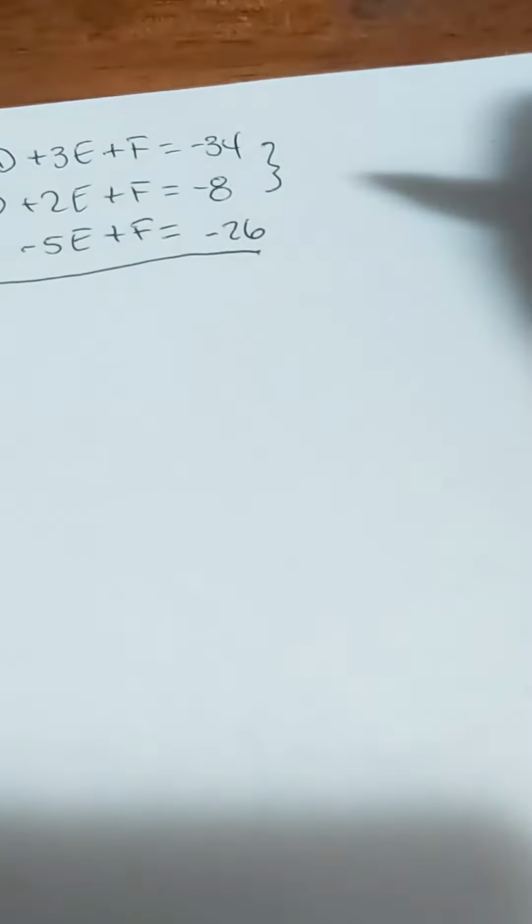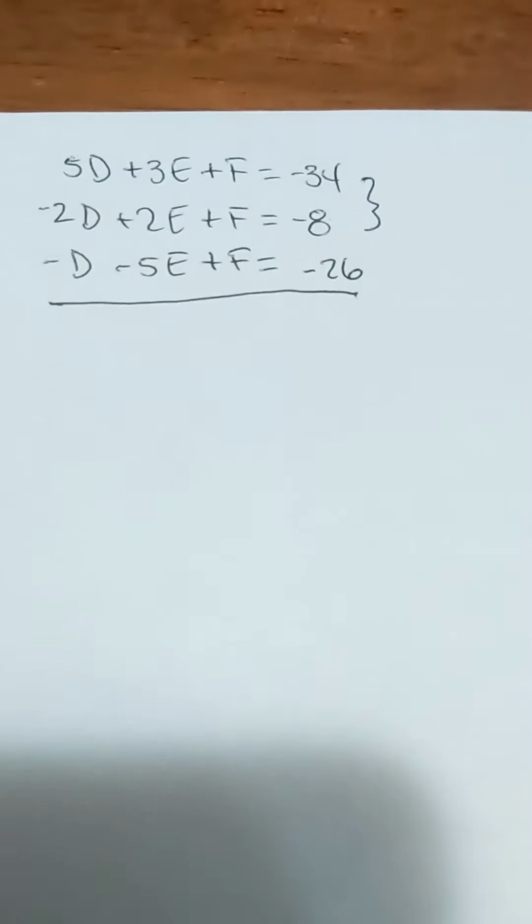So first we choose the top and the middle equation, and we get 5d plus 3e plus f equals negative 34, negative 2d plus 2e plus f equals negative 8.